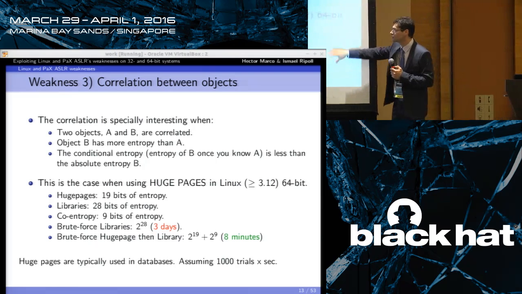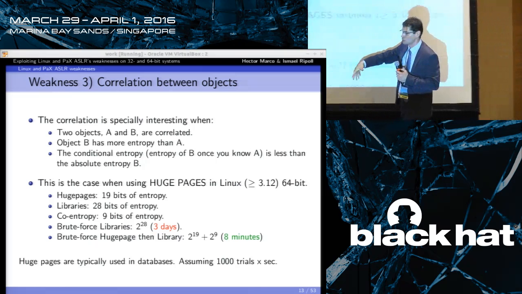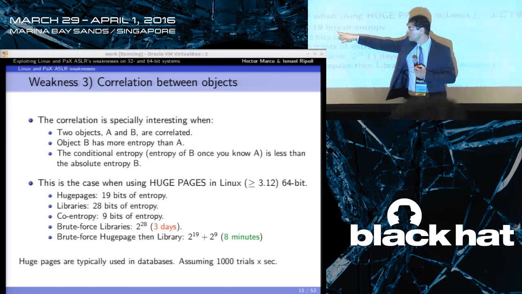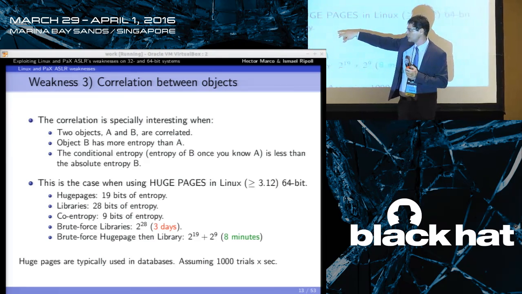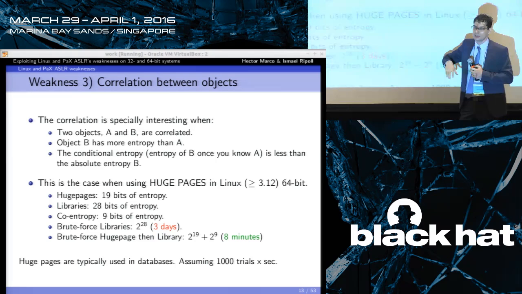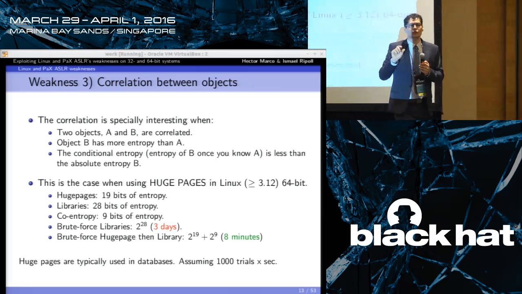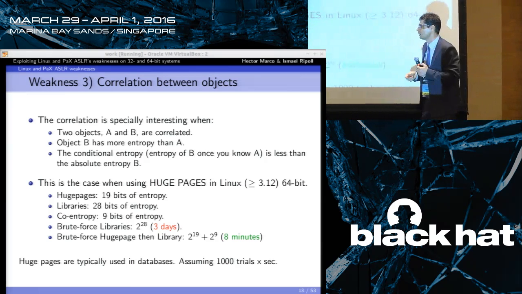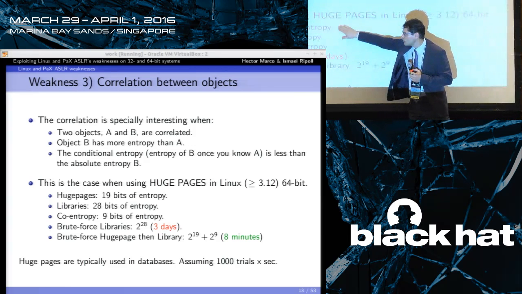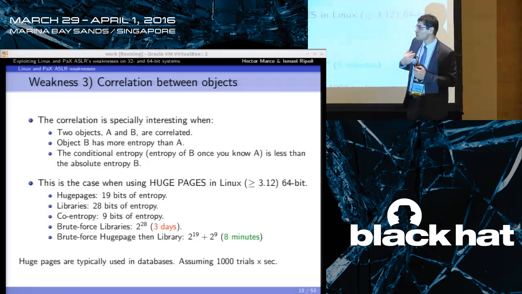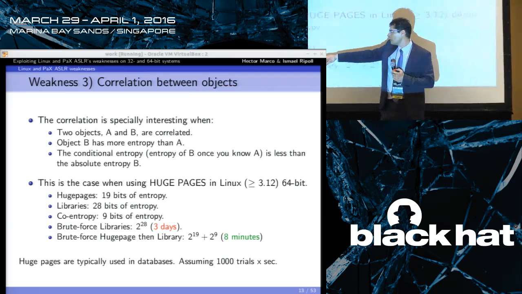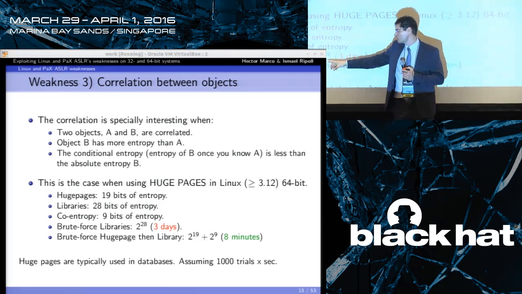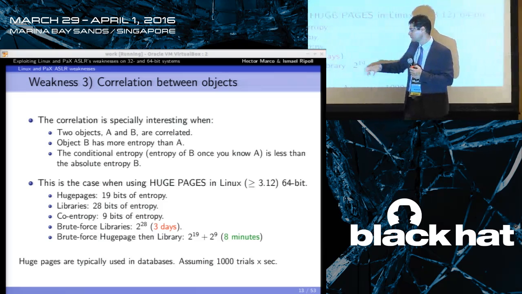Okay, so let's put some numbers because I'm going to skip this a little bit. In Linux, huge pages are randomized with this amount of entropy, 19 bits. Libraries use 28 bits. We are not going to enter into it because it's alignment. Huge pages have more aligned bits because pages are larger. The conditional entropy between those kinds of objects is 9 bits. So if I try to attack, to guess, assuming that we have a vector to do that, the libraries, we have to make an effort of 2 to the power of 28, okay? 3 days.